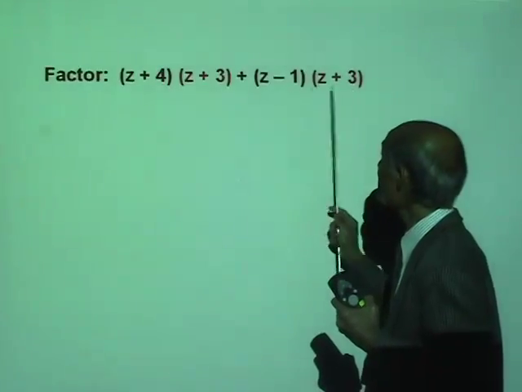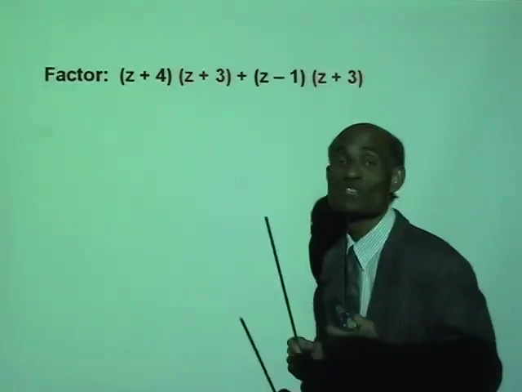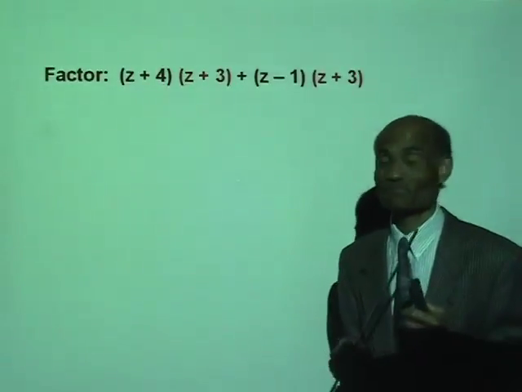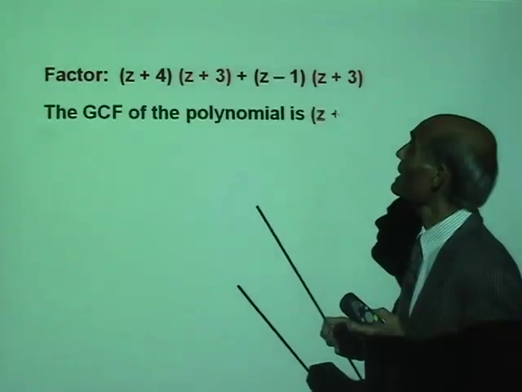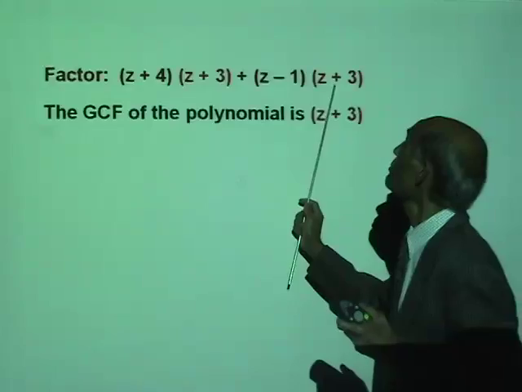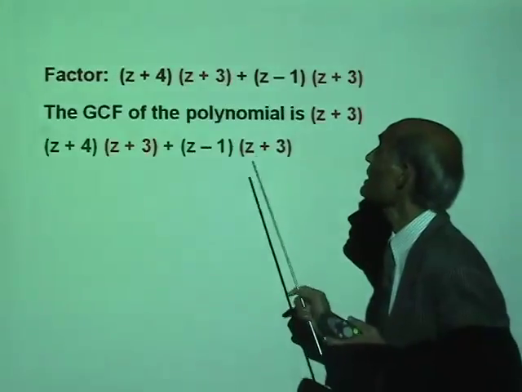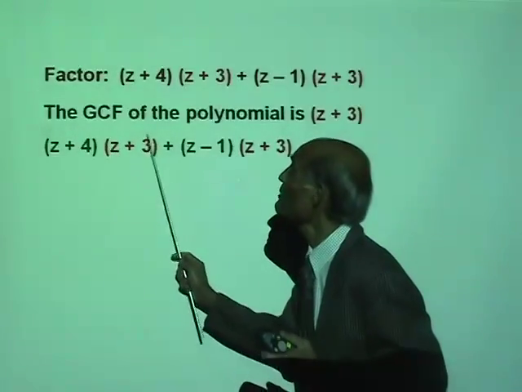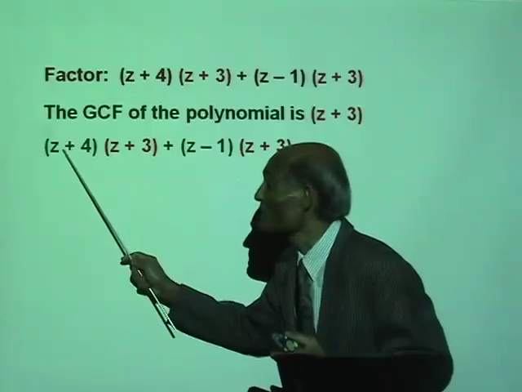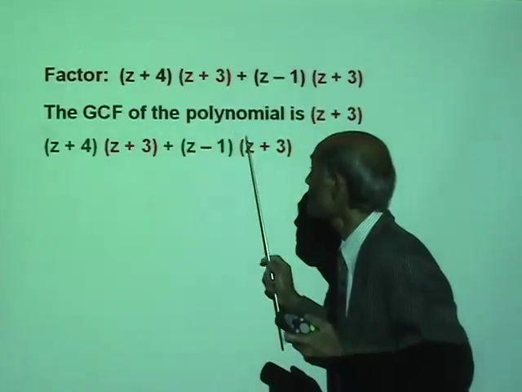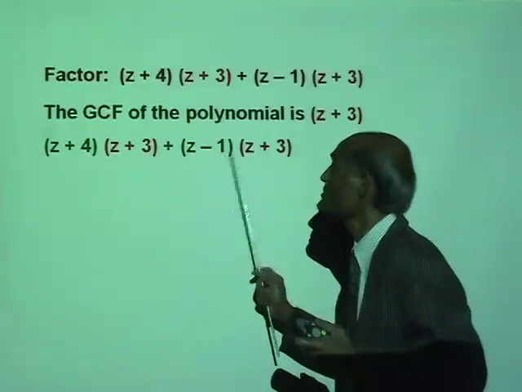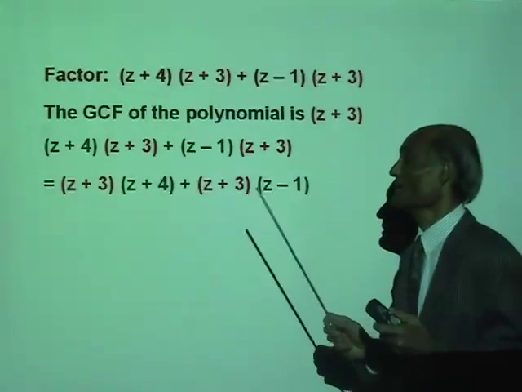Yes, z plus 3 is the common factor there. Okay, can you pull out that z plus 3? Yes, when you pull out that z plus 3, what is left in the first term is z plus 4. Then plus what is left in the second term is z minus 1.